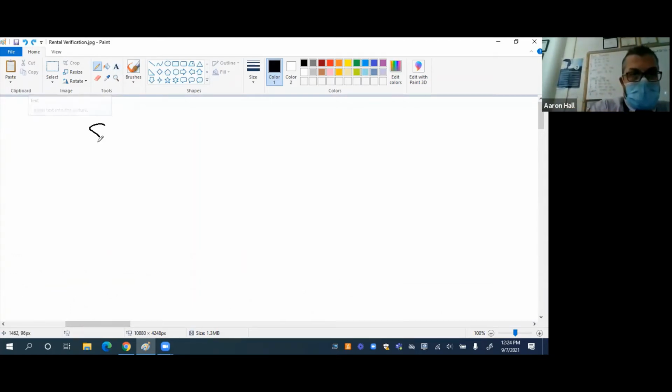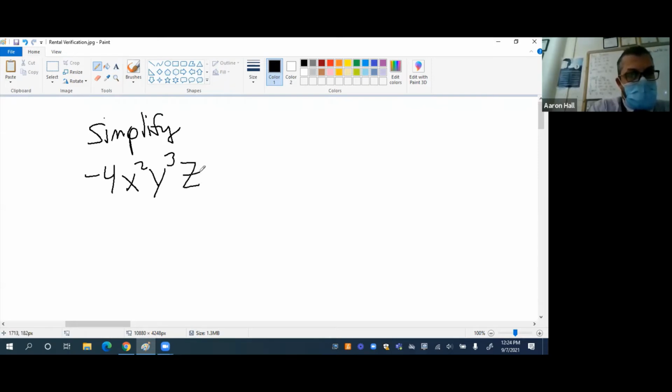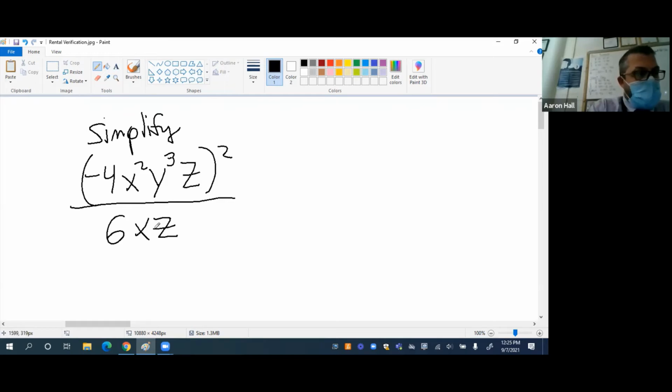I want to simplify: -4 times x squared times y to the power of 3 times z, quantity squared, over 6 times x times z to the power of -2. I want to simplify that mess.